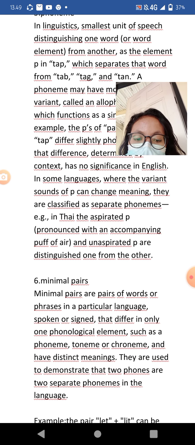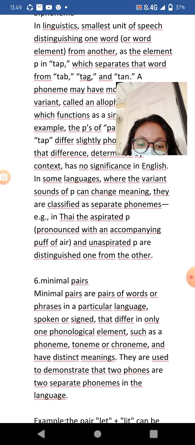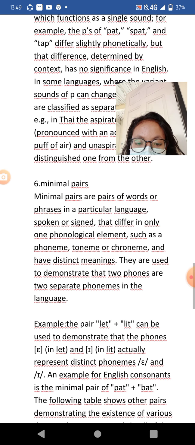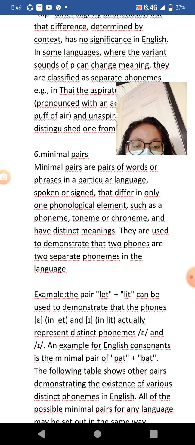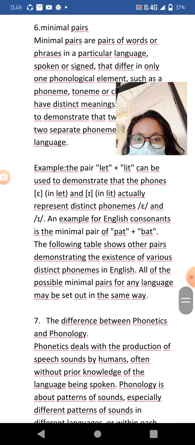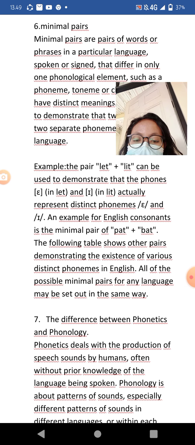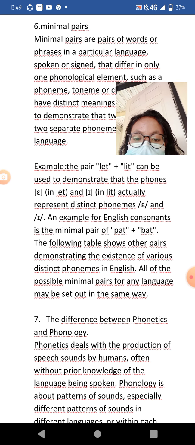They are used to demonstrate that two phonemes are two separate phonemes in the language. Example: the pair let and bet can be used to demonstrate that the phonemes are distinct. Number seven, the difference between phonetics and phonology.